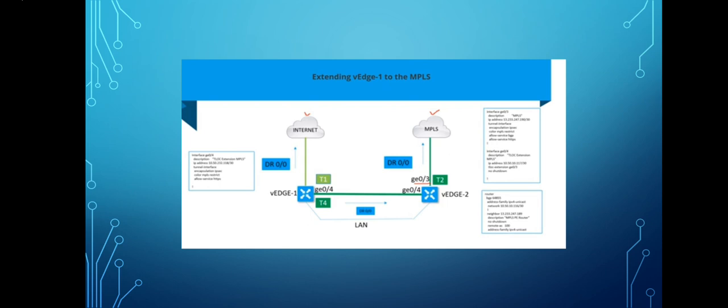It will be a tunnel interface with encapsulation IPsec. Color will be MPLS, restrict. And of course, you have to allow services HTTP and BGP. In the BGP routing protocol, you have to configure the address family, which is IPv4 unicast, announce the network, neighbor, and then description, of course.